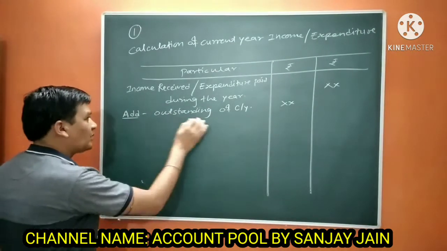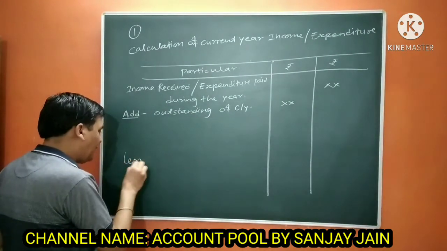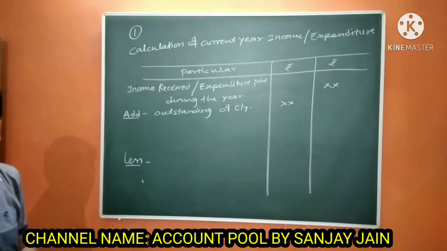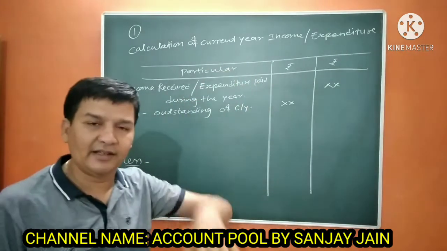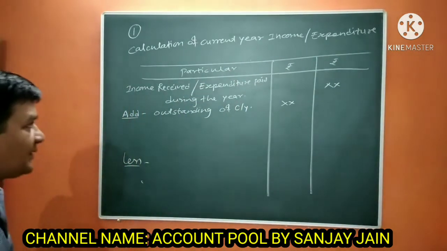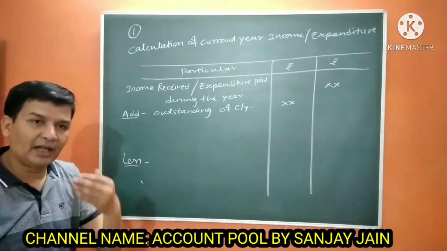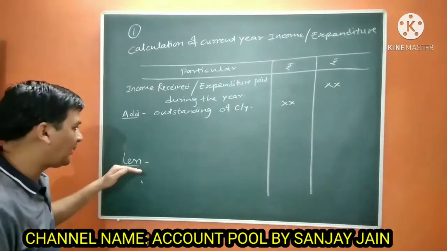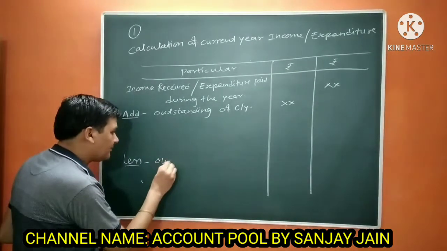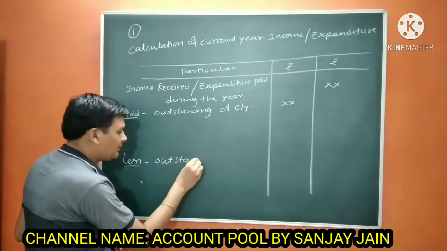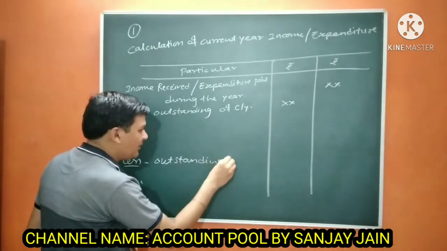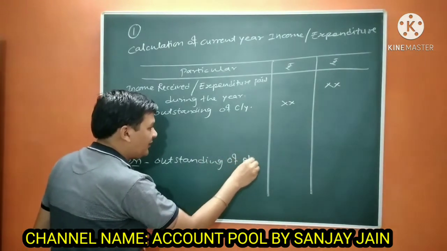If we are adding outstanding of current year, if any amount is due from the previous year and we have paid in the current year, that means that is not the part of current year. We are going to exclude those things. That means we are going to deduct outstanding of previous year if received.